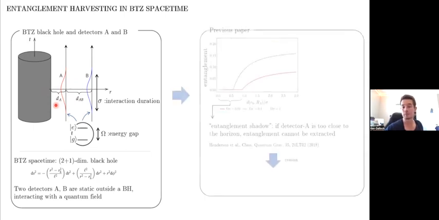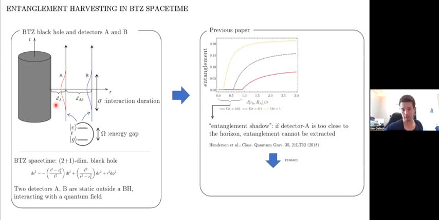In the previous paper by Laura and her collaborators, they found that if you plot the amount of entanglement extracted from BTZ black hole space-time as a function of dA, the proper distance from the event horizon, you will get something like this.